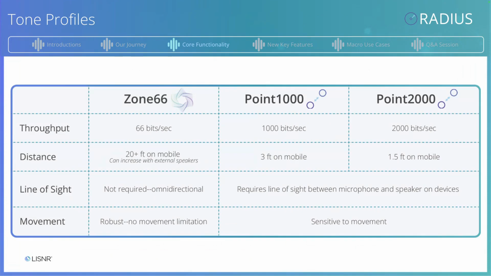And our high frequencies are how our tones can survive very noisy environments, independent of how loud it feels to us as humans. So simplifying the diagram, Zone 66 is primarily used for longer range transmissions with smaller payloads, and Point 1000 and Point 2000 are used for short range transmissions with much larger payloads.